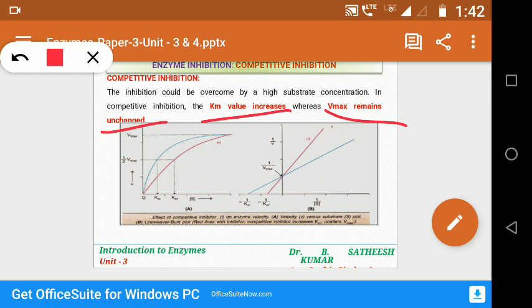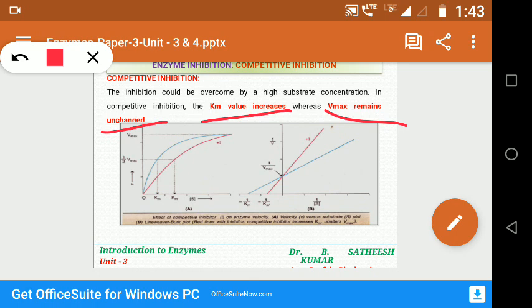Because the substrate and inhibitor are both competing for the same active site, more substrate concentration will be required to saturate 50% of the enzyme molecules. Therefore the Km value increases. So if we add more and more inhibitor molecules, the Km value also changes for the enzyme.